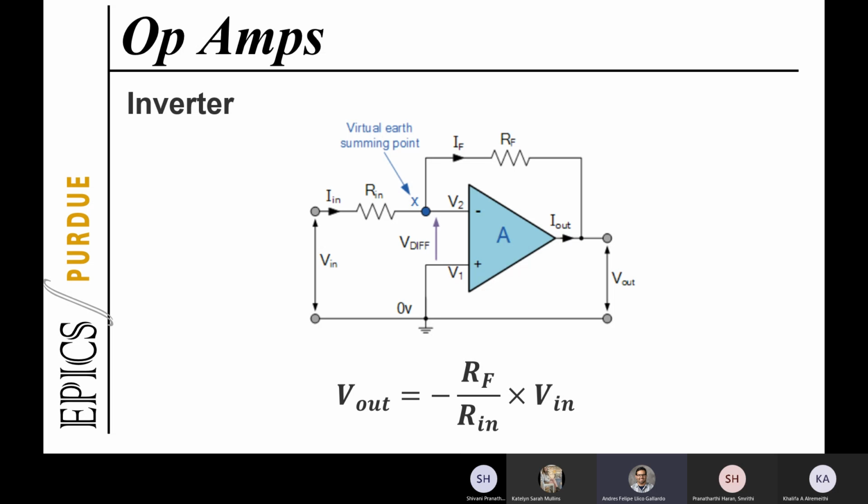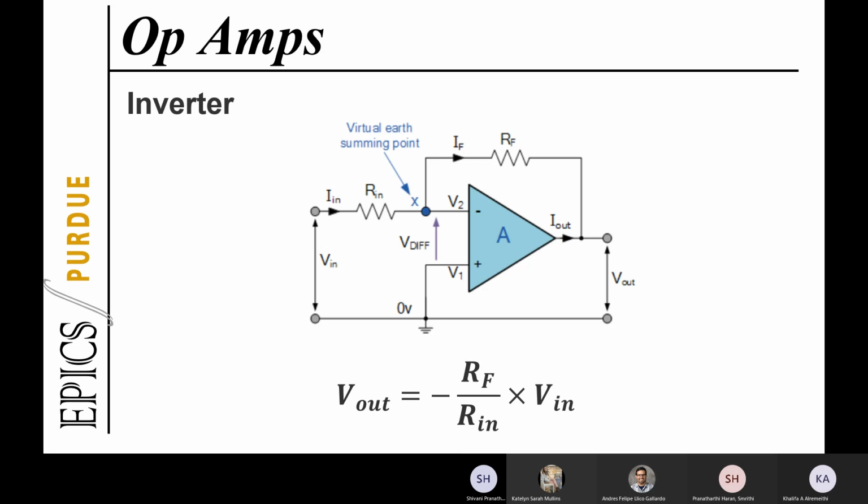One of the possible configurations that you can achieve with an op-amp is what is called an inverter. This inverter is going to take the signal, your input voltage, and, okay, let me take a step back. What the amplifier is essentially doing is looking at the two terminals, negative and positive, and trying to make the difference between them 0.